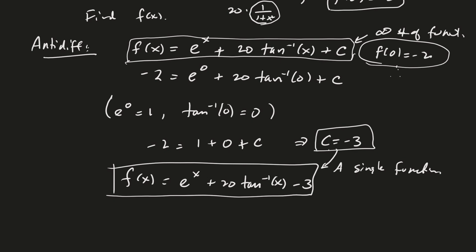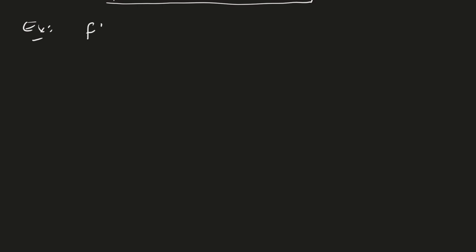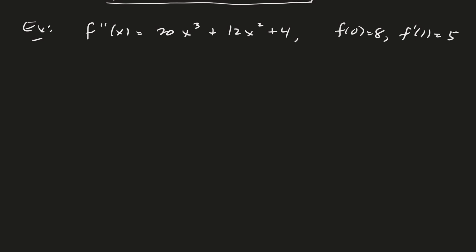How about one more? How about a second derivative? So example, how about if f double prime of x equals 20x cubed plus 12x squared plus 4, and I know that f of 0 equals 8, and f of 1 equals 5.